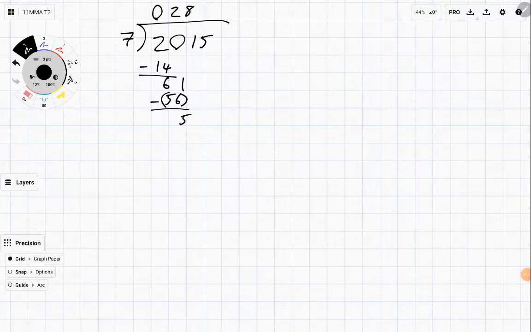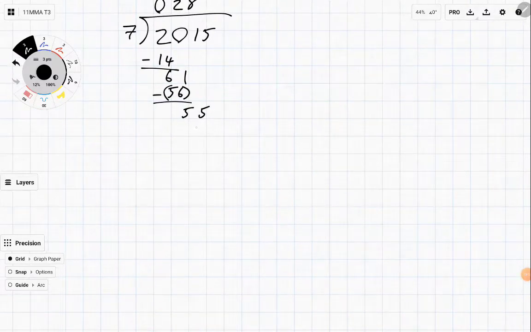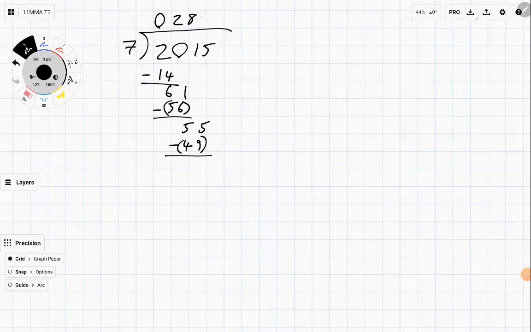Remainder 5. Bring the 5 down. 7 can't go into 5, but it can go into 55, and it can go into 55 7 times. It can get up to 49 is the closest that it can get. So that's 7 times, and that's going to be remainder 6.